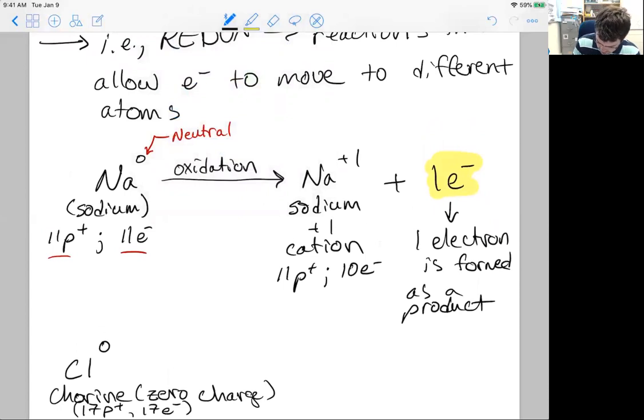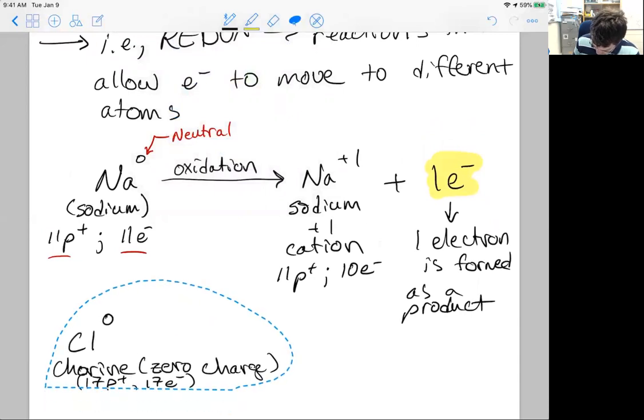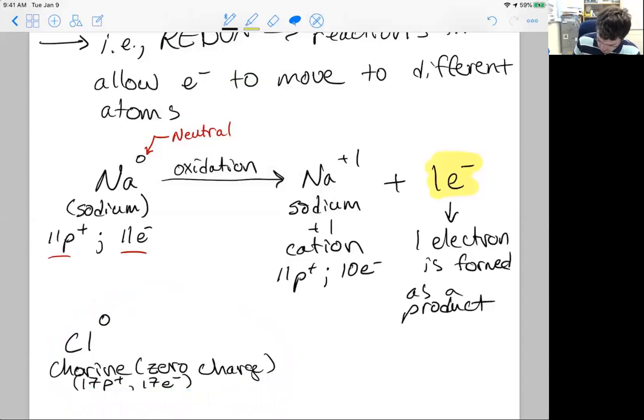And what I'm going to do is just move this whole thing up. There we go. So we don't run out of space on our paper here. Okay, so we have chlorine 0. What I'm going to do with it is I'm going to add to it 1 electron. And I could leave the 1 out. I often write it. It's my force of habit. But I'm going to add 1 electron to that chlorine.